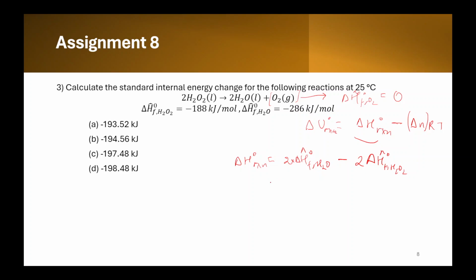You put these values here: 2 into minus 286 minus 2 into minus 188. You calculate this.